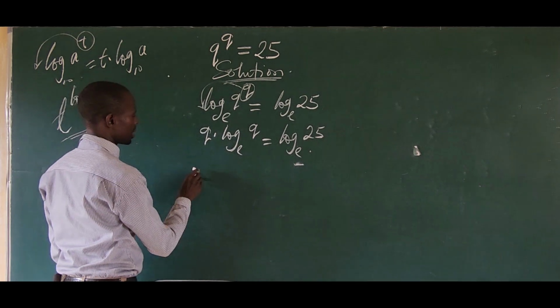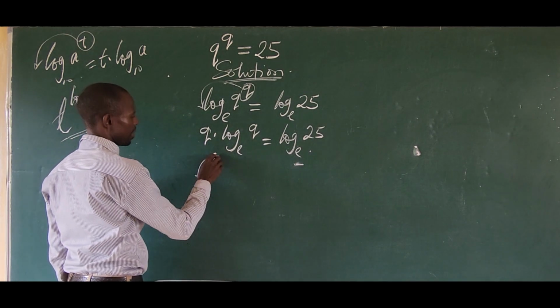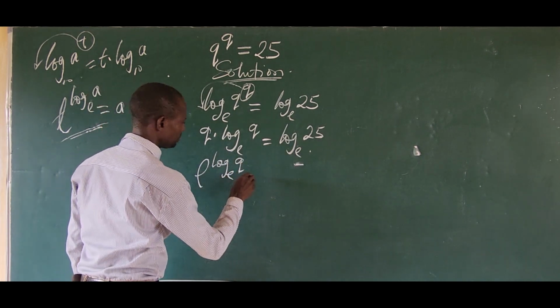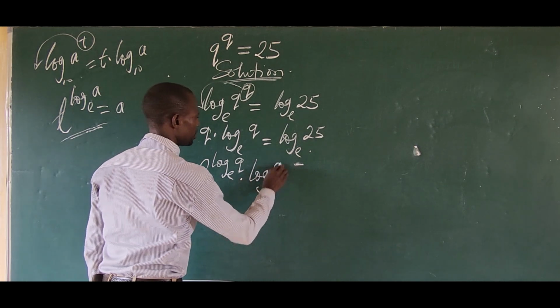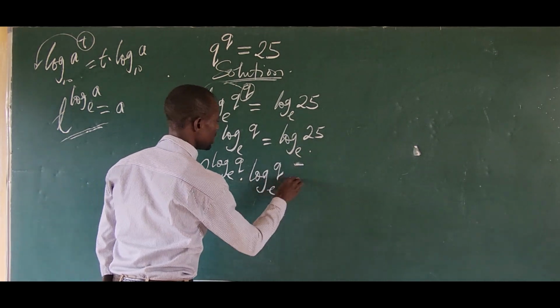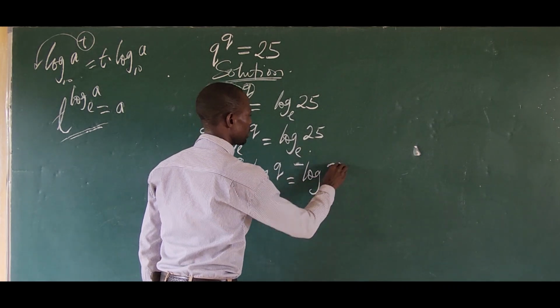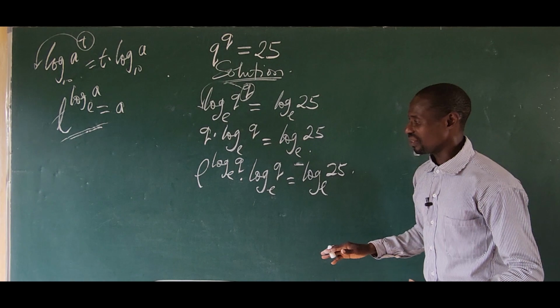So q here could be written as e raised to the power of log base e of q, then times log q base e equal to log base e of 25. Easy. I believe we are not confused.